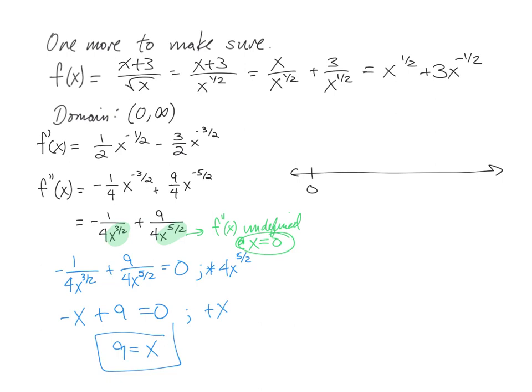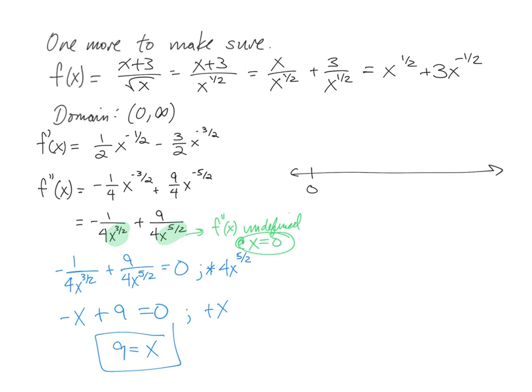So 0 is still on our number line as a critical value, but we cannot have 0 be an inflection point because it was not in the original domain. And that's really the point I wanted to make with this particular example.